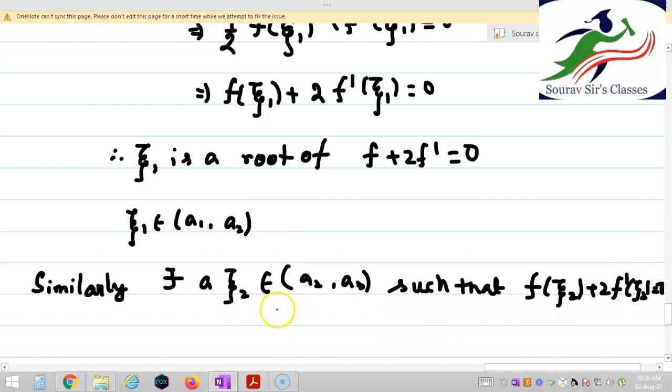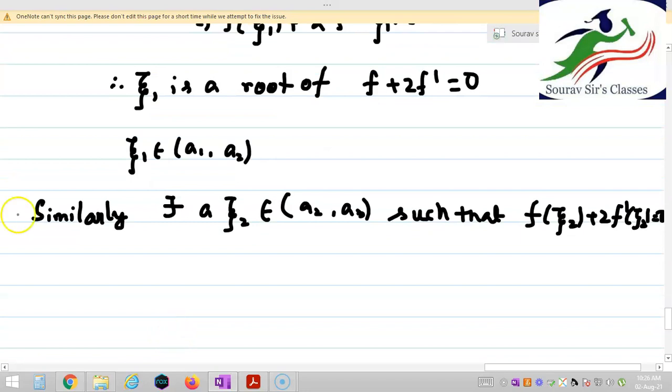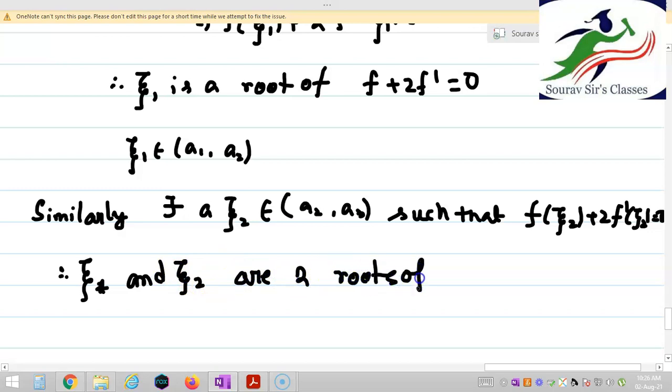So we got, therefore xi1 and xi2 are two roots of f(x) plus 2 f dash x is equal to 0, right?